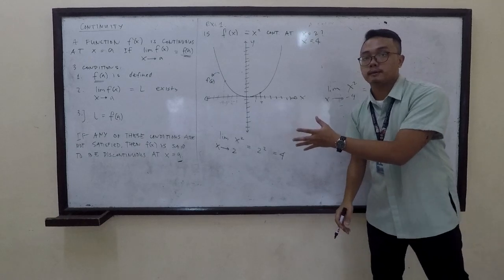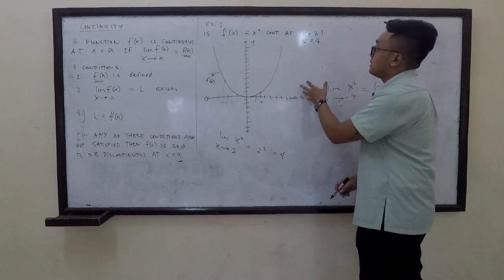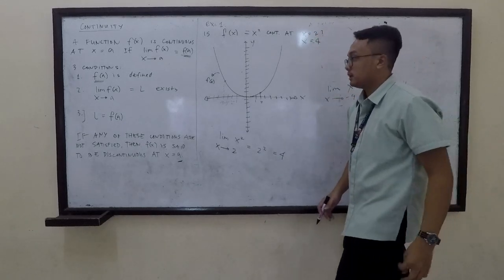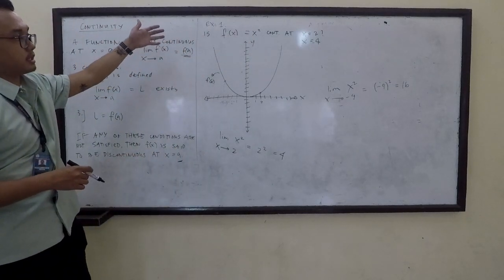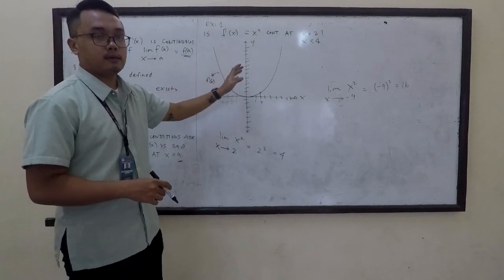So it is continuous with x being 2 and x also being negative 4. By the way, in this example, x squared, which is a parabola, the function is continuous for any value of x.